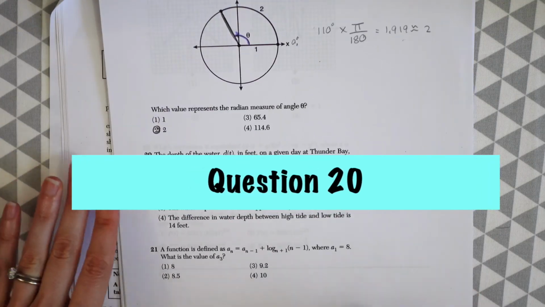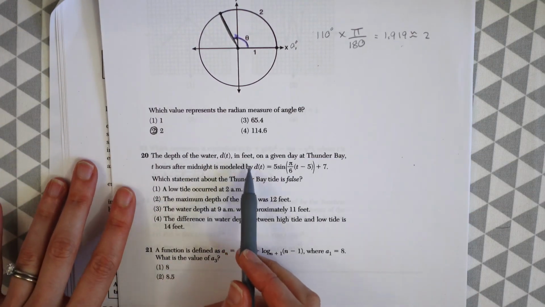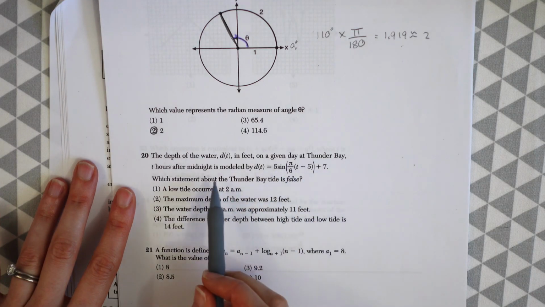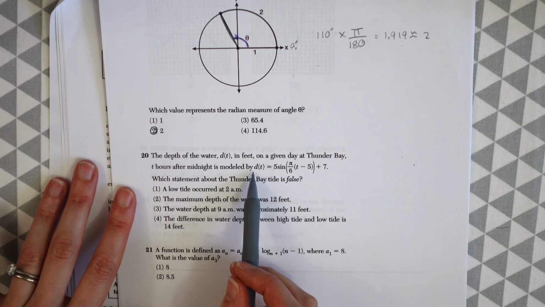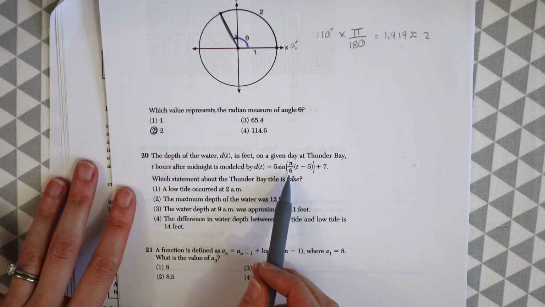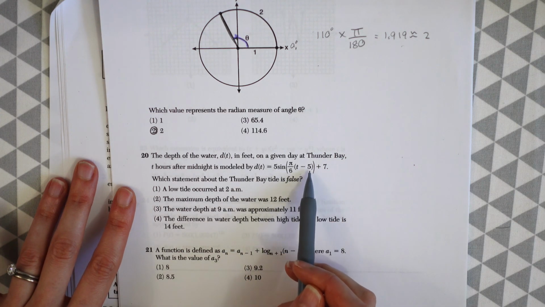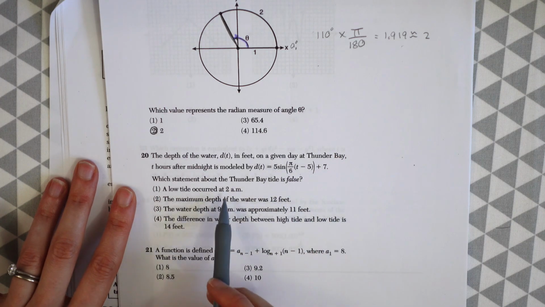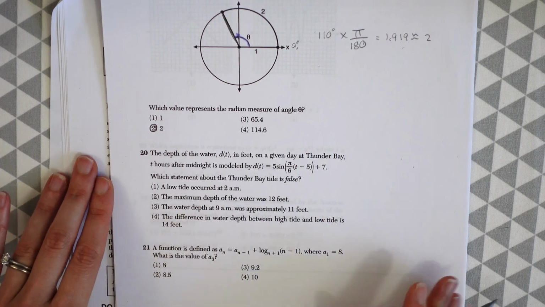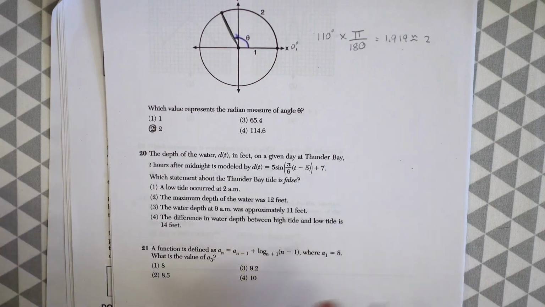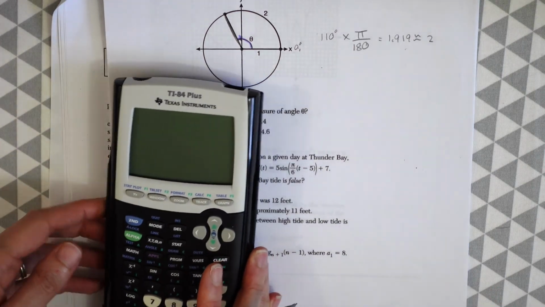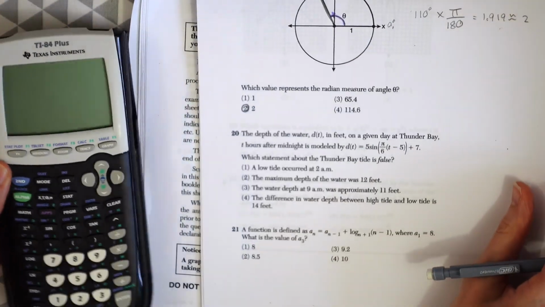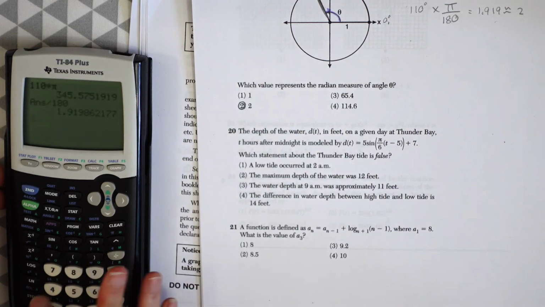On to number 20. The depth of water d of t in feet on a given day at Thunder Bay, t hours after midnight, is modeled by d of t equals 5 sine of (pi over 6 times (t minus 5)) plus 7. Which statement about the Thunder Bay tide is false? I'm going to graph this on the calculator, and then we'll go through each answer choice.